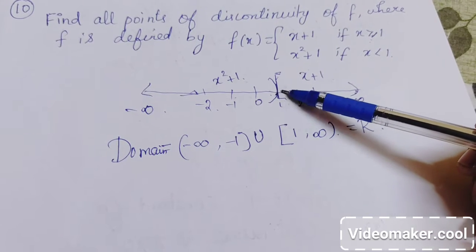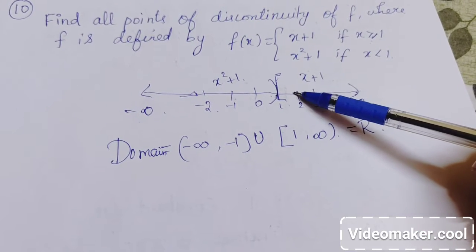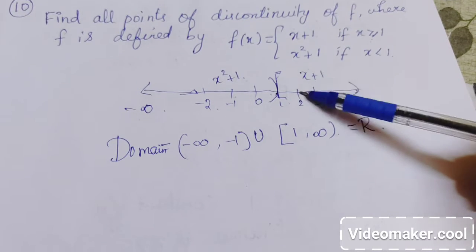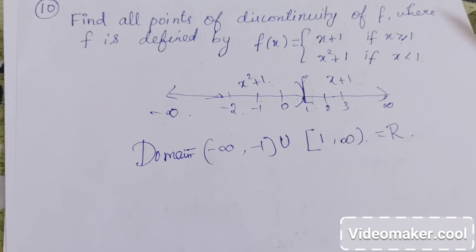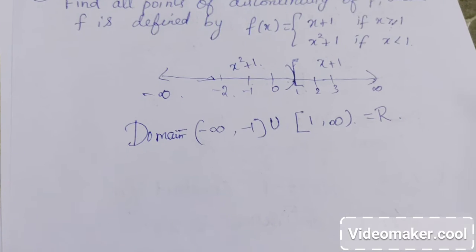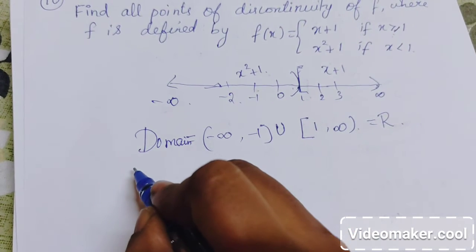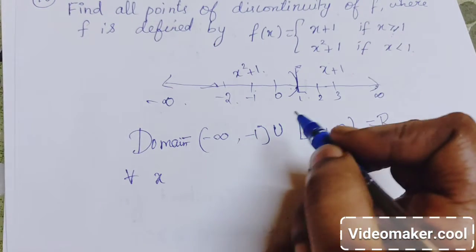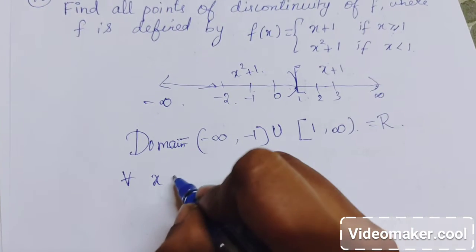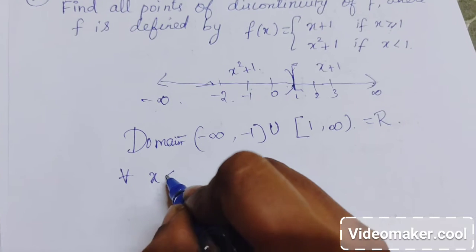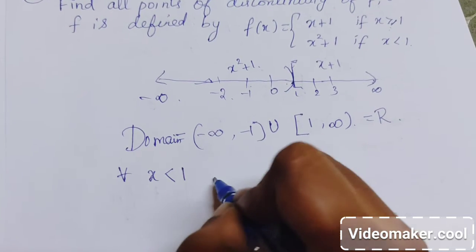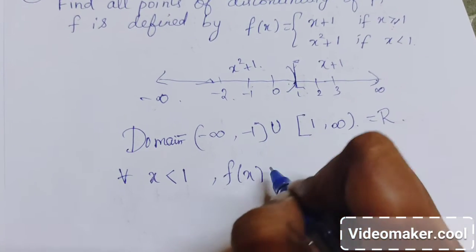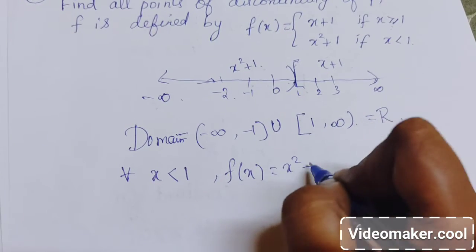At 1 and exceeding that, numbers exceeding 1 will have the function x plus 1. Now we will consider an element x, for all x less than 1.